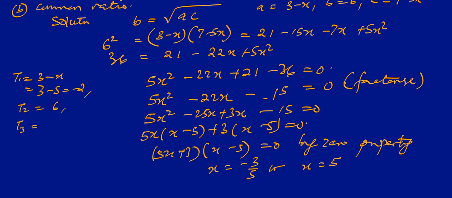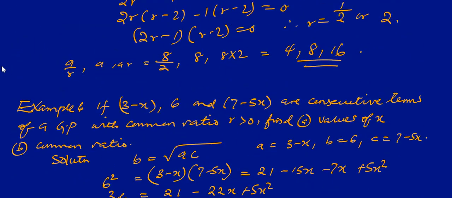So t3 will be equal to 7 minus 5x, which is 7 minus 25. That's minus 18. So you are going to have the terms to be minus 2, 6, and minus 18. So the common ratio R is equal to minus 3.